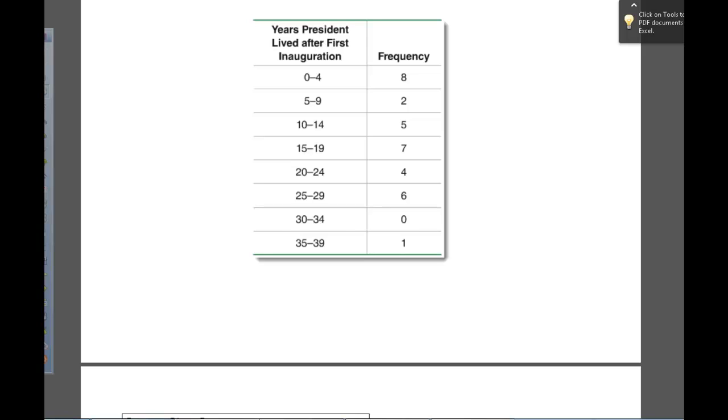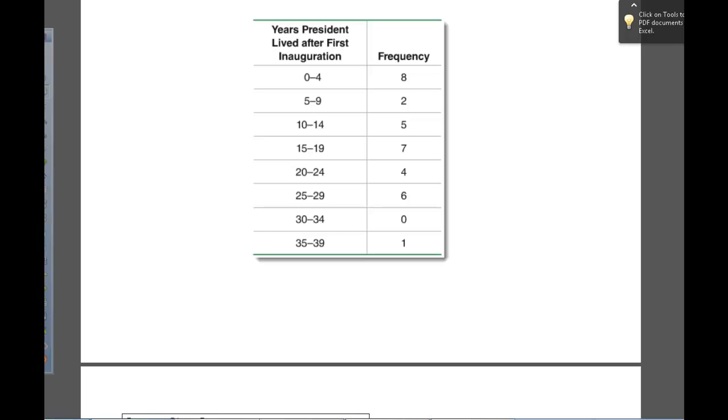Anyway, here are the classes of data. From 0 to 4 years after the first inauguration, we had 8 that lived that long, and there were 2 that lived 5 to 9 years. And we could come down here and say there are 4 who lived 20 to 24 years, and so forth and so on.